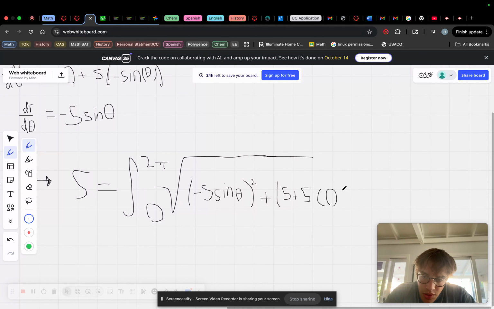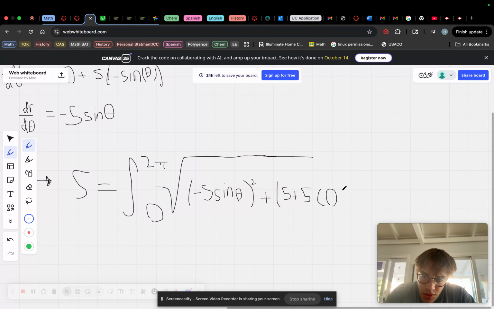And then we square that again. Then we integrate that in terms of theta. So this should get us our answer.